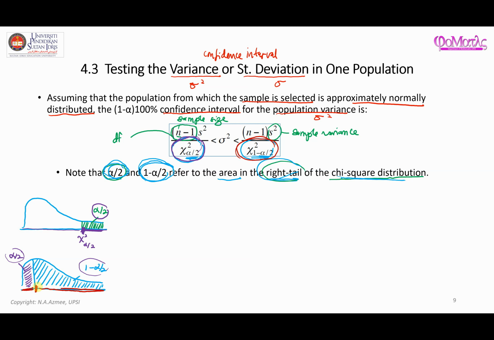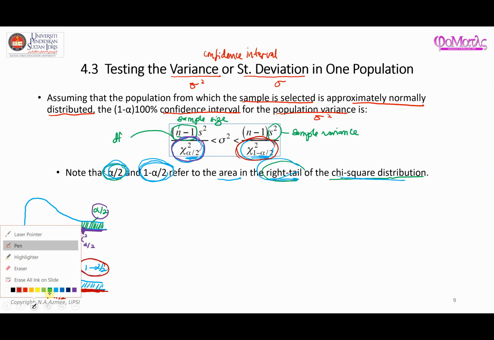This point is called chi-squared 1 minus alpha over 2 because it gives the area from this point to the right. From this point to the right, the area is going to be 1 minus alpha over 2. So that's the notation used in the formula given above.